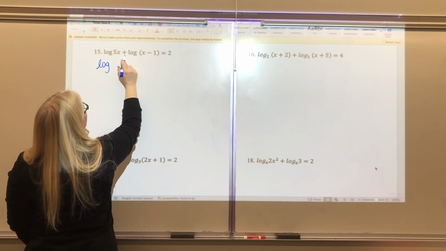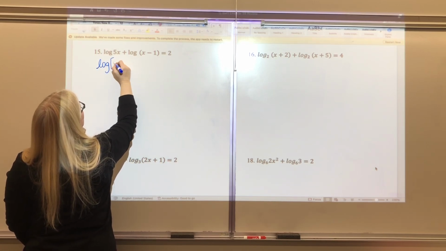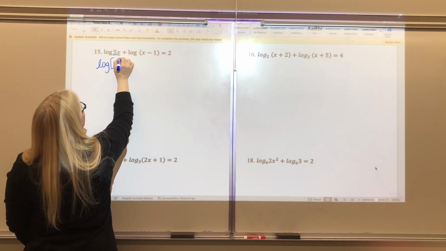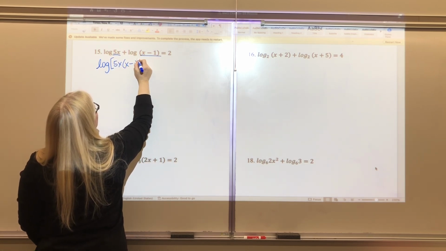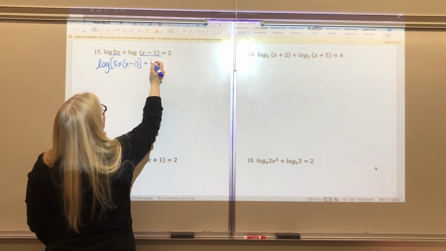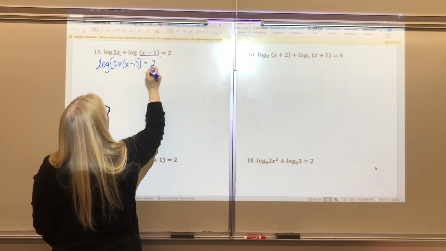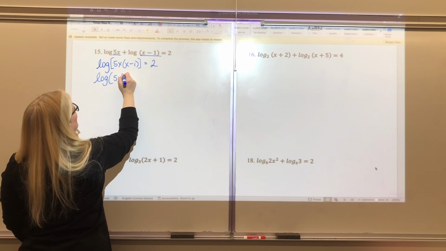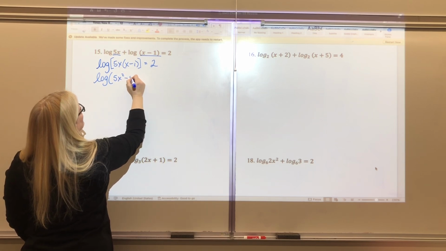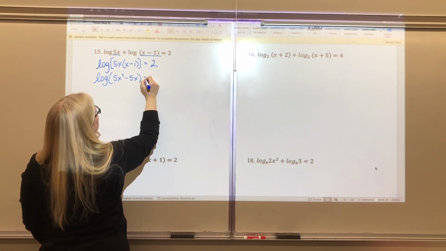So since we have a plus, this is multiplying. So it's 5x times x minus 1 equals 2. I'm going to go ahead and distribute that 5x. So 5x squared minus 5x equals 2.